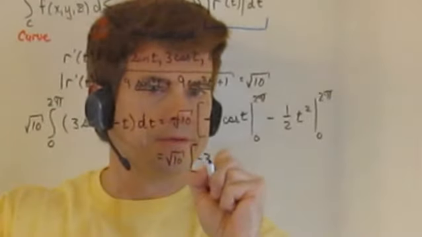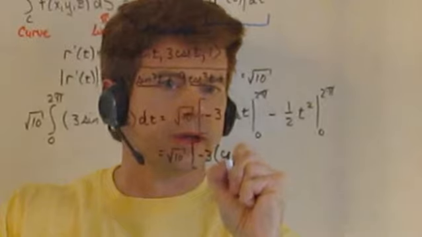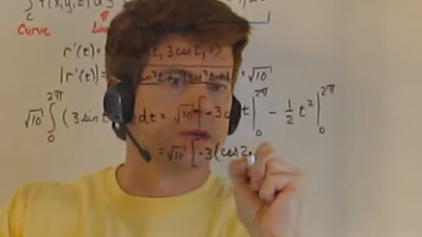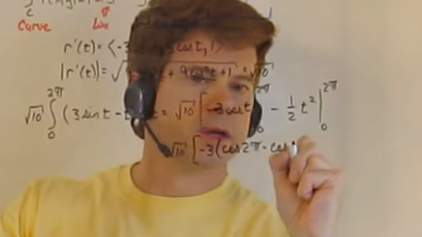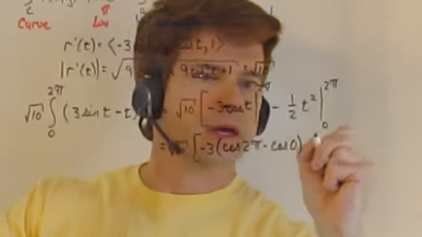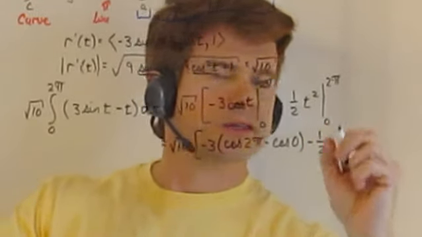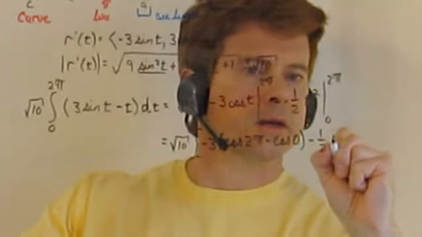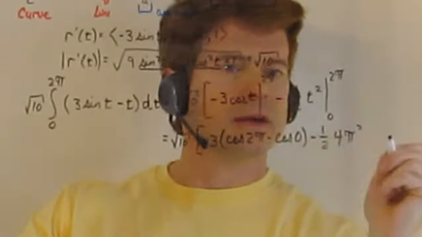We've got negative 3. Treat that as a constant for both. It's going to be cosine of 2 pi minus the cosine of 0, and then minus 1/2, and then t squared. It becomes 4 pi squared, right? And then it would be minus 0.